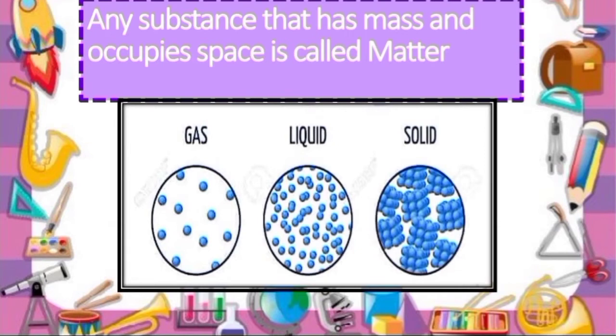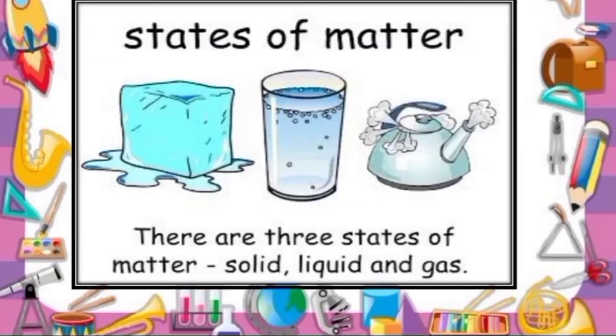Some substances can flow and take the shape of their container like water, while there are forms of matter that do not have a fixed shape or size such as air. Thus, the matter can be classified into three different categories based on the physical properties.